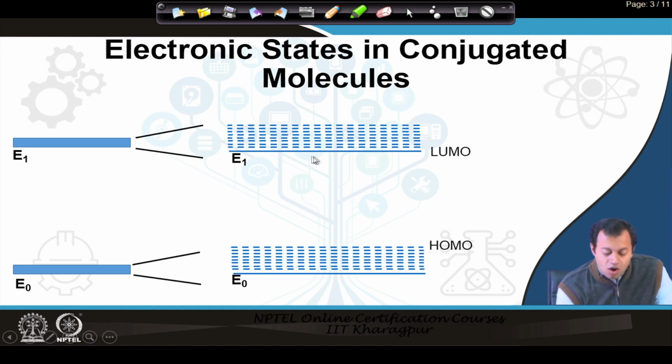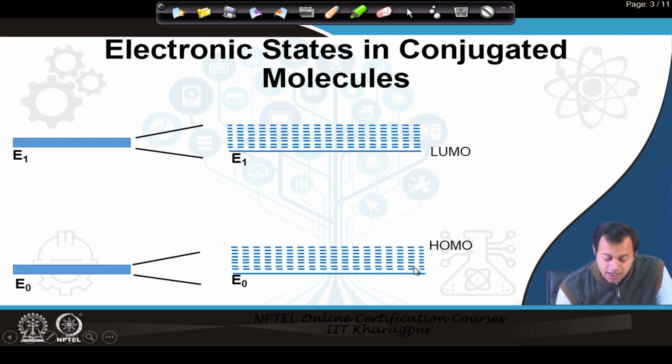The minimum of the excited state is LUMO, because in the ground state, in normal cases, this E1 is completely unoccupied. Though there are several berths, several seats available, there are not enough passengers, meaning electrons. And HOMO stands for the highest occupied energy level in the ground state, where there are also several levels.